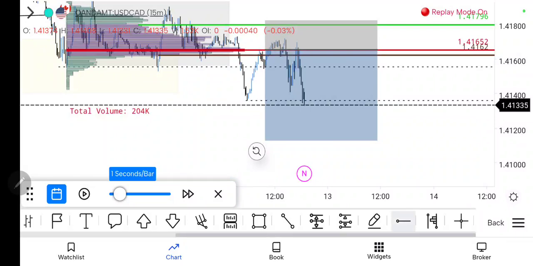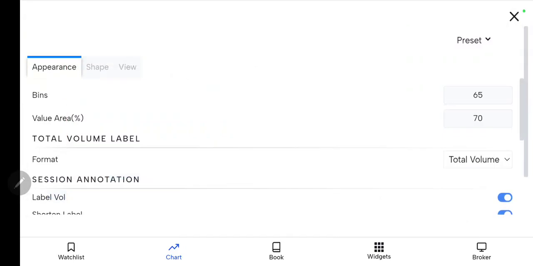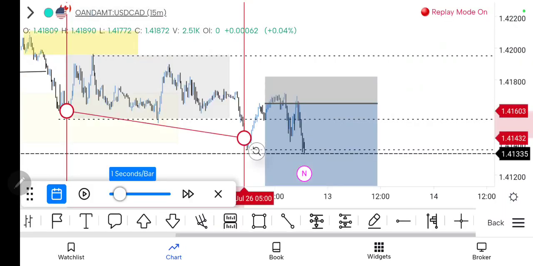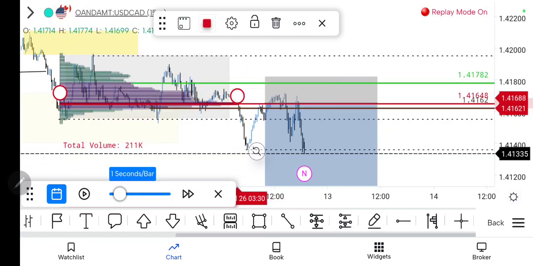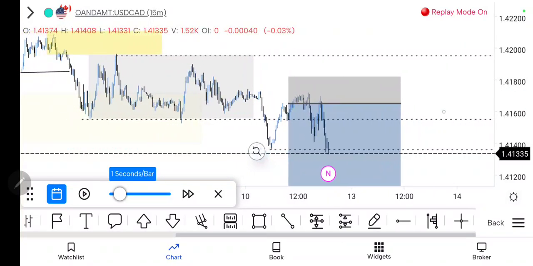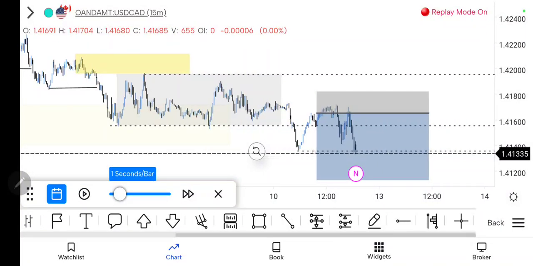Let me first remove this. I'll delete this. Okay, so clearly you can see that at this level right here we have another break of structure.